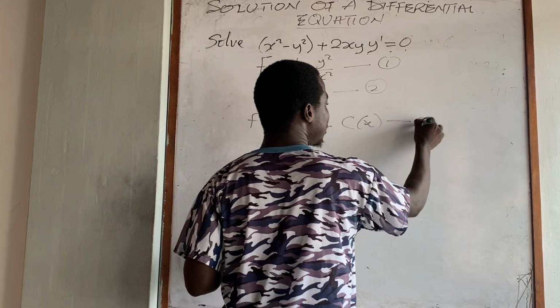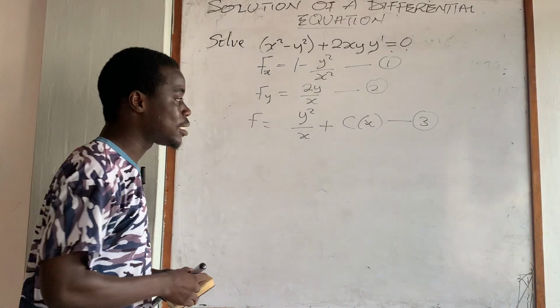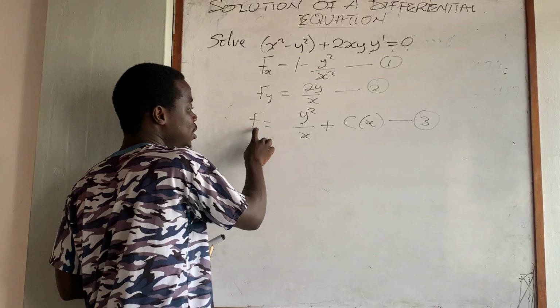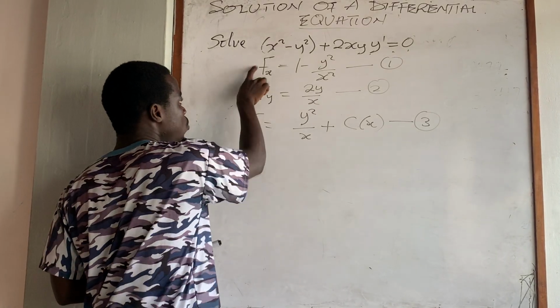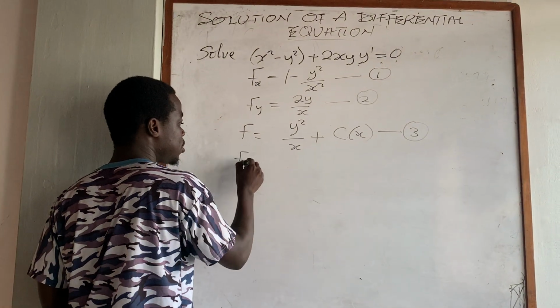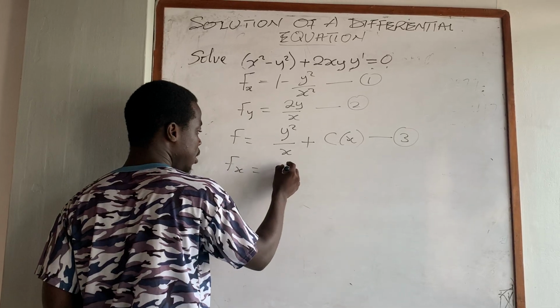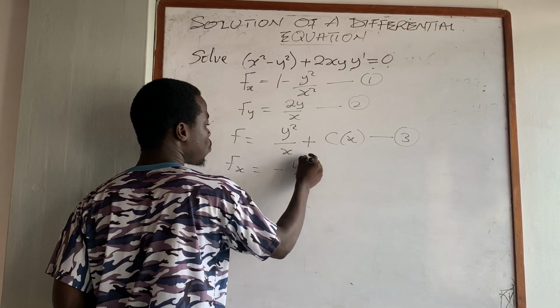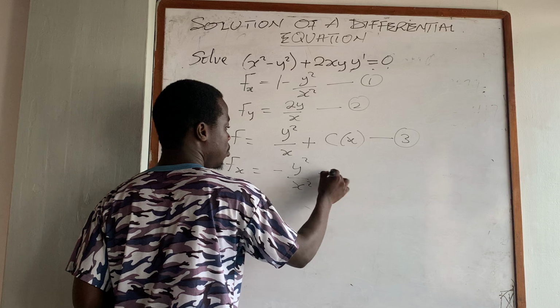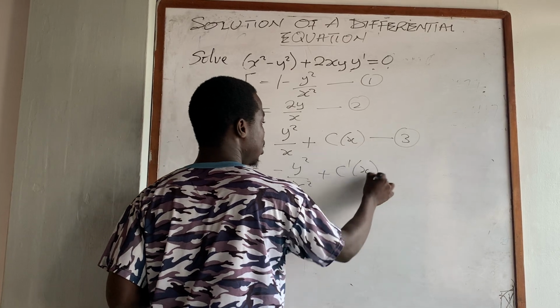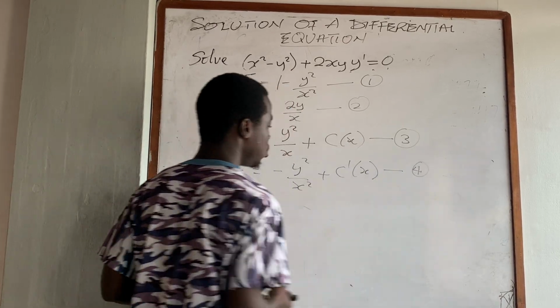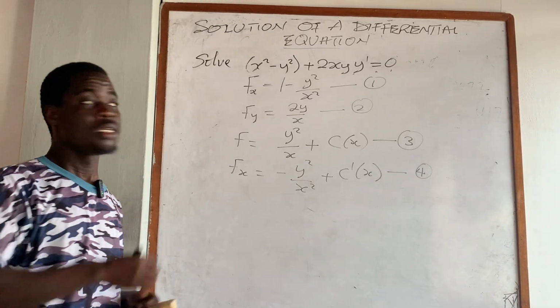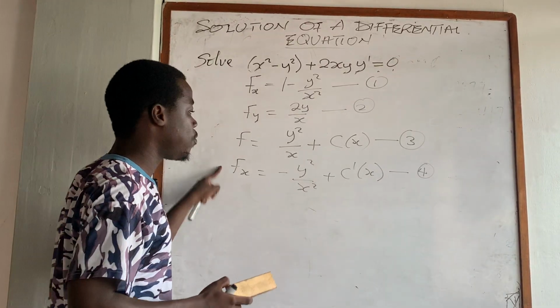So this will give me equation 3. Now after getting this, if I differentiate this one with respect to x, it will be equal to this. So let's differentiate. I will get negative y squared over x squared plus c prime of x, and this will give me equation 4. So here you can see that equations 1 and 4 are equal.